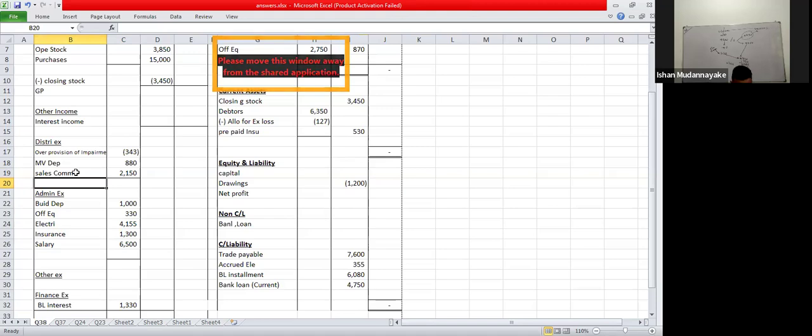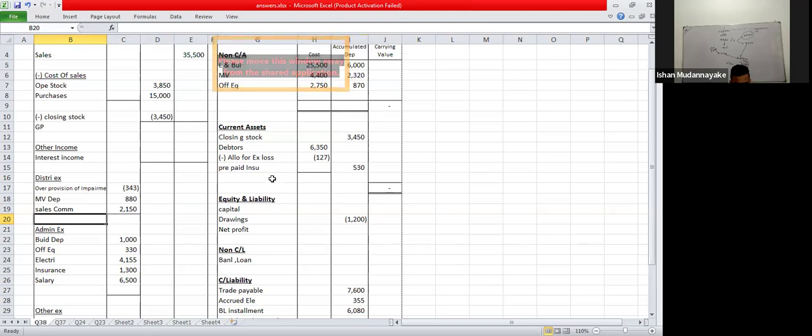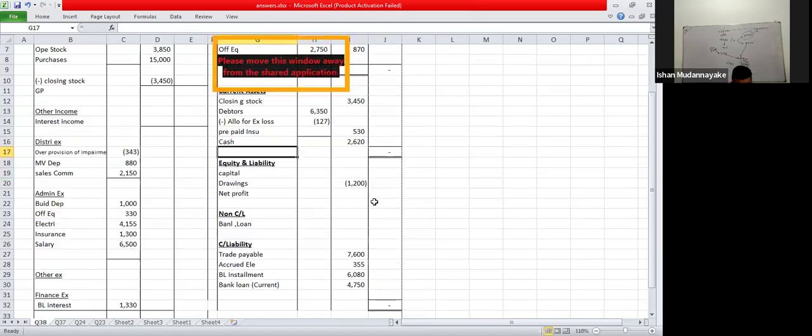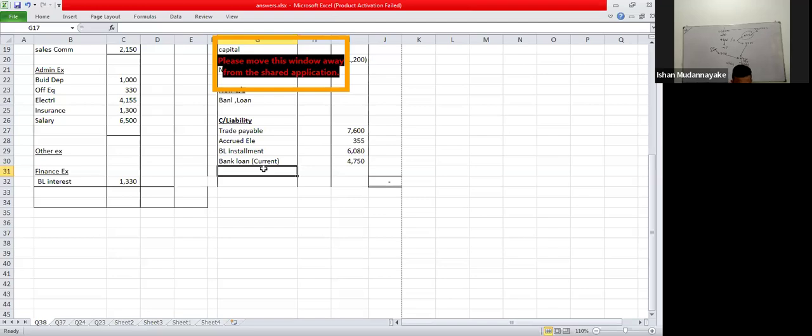And then 40% bank loan done. Cash in hand, current assets, 2,620.